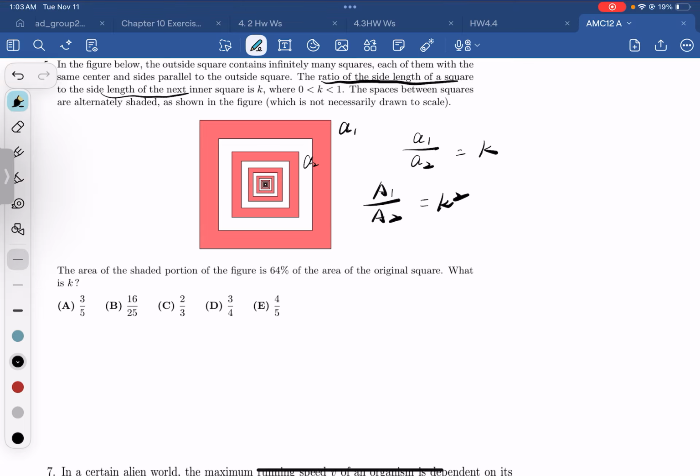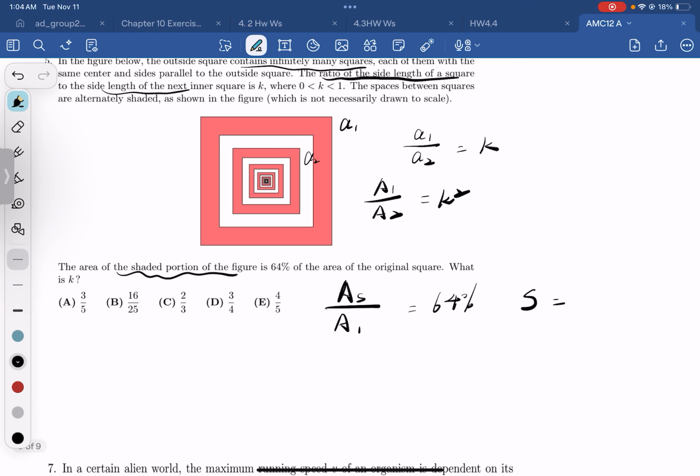So we have to know the formula for the sum of a geometric series, which is the sum equals the first term a1 over 1 minus the common ratio. The common ratio is basically k squared, because the area of the outside one over the inside one is k squared. So that's the common ratio for the squares.